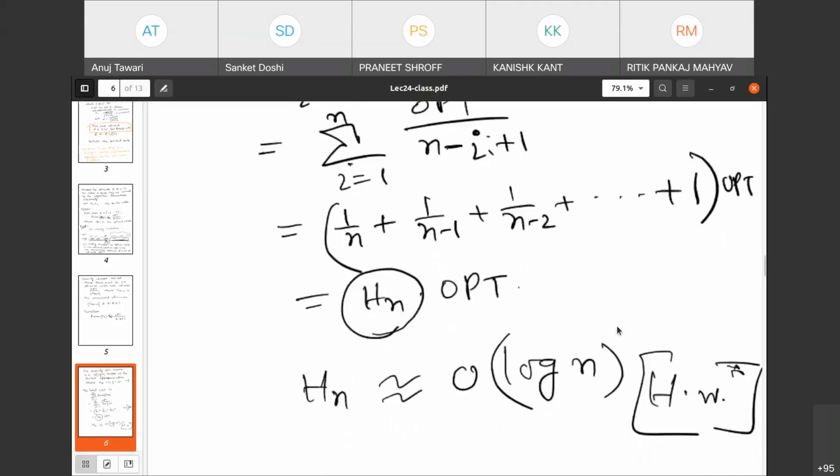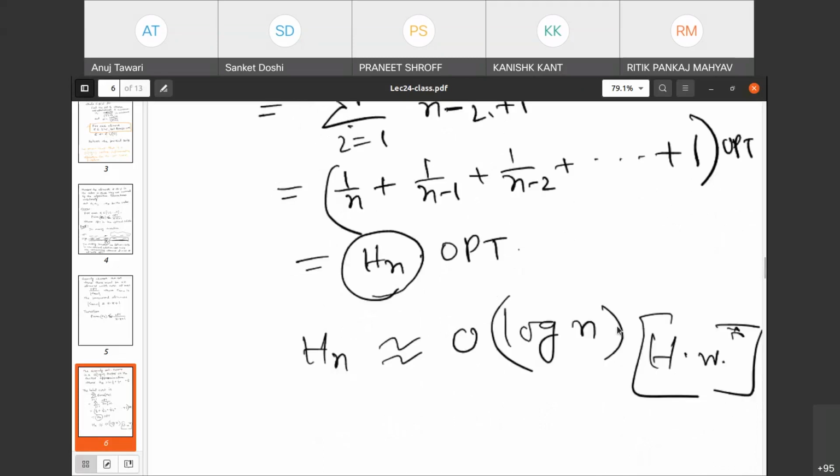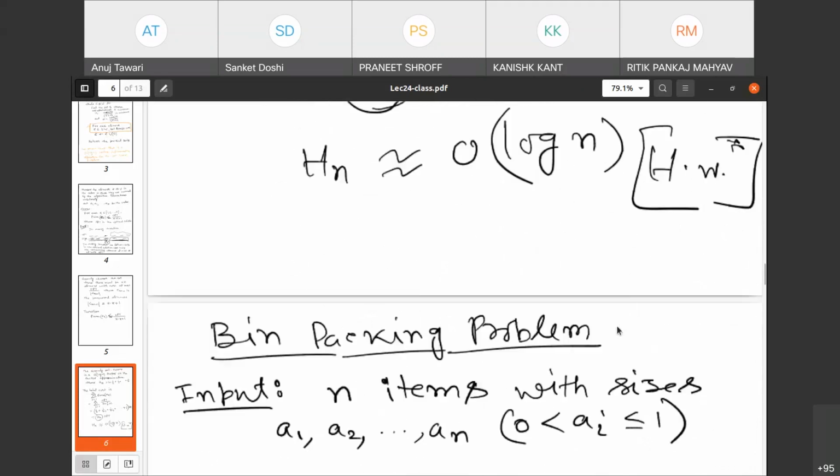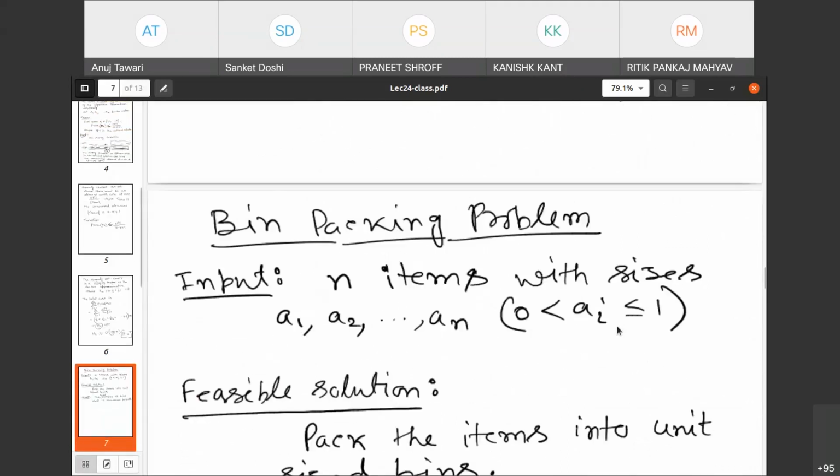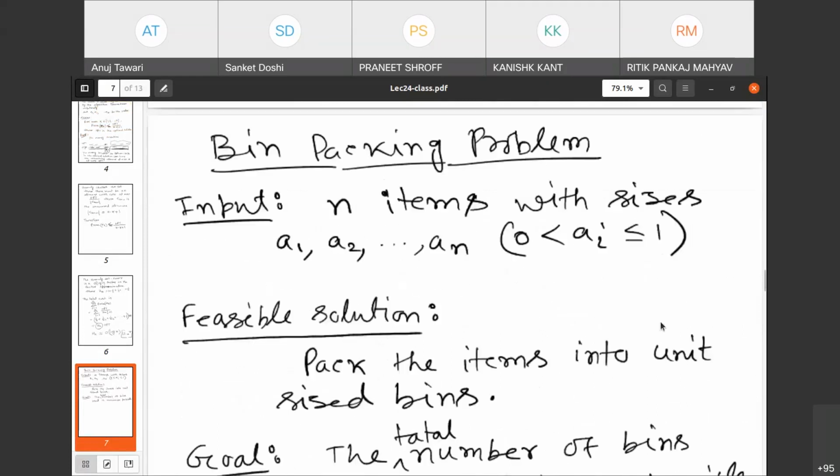Okay. So we'll then move on to the next problem, which is the bin packing problem. What this problem says is that you are given n items with sizes a1, a2, up to an, and each of these ai's is between 0 and 1, so they are fractions between 0 and 1.